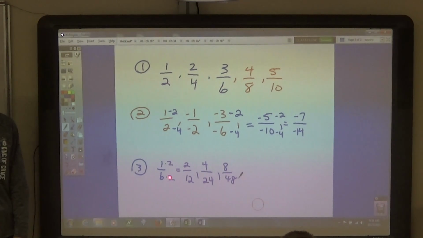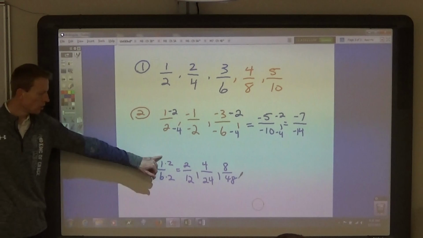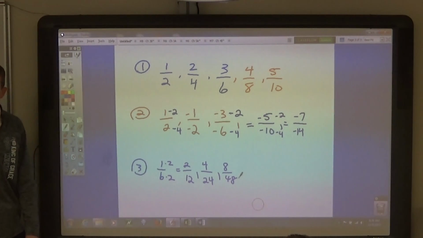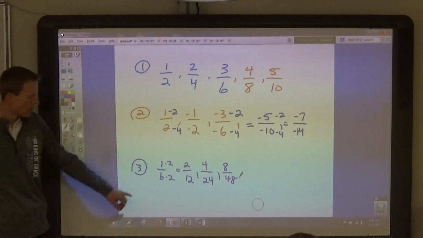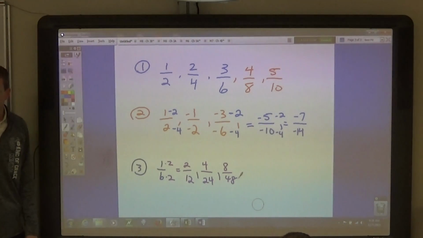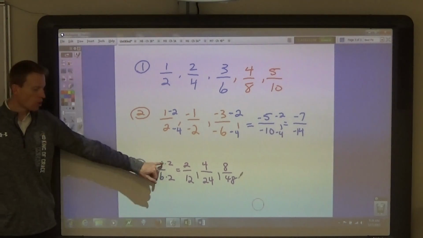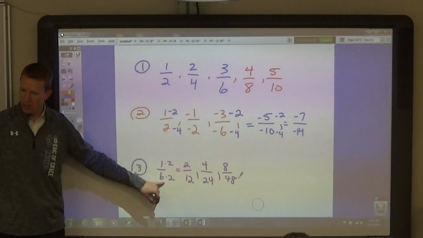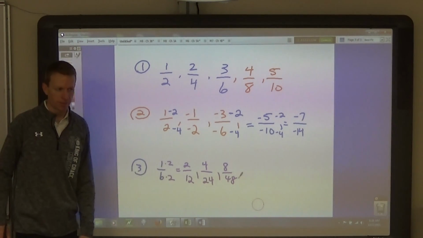That would be fine. So we're multiplying by 2. Just show it once, what you're doing to get the equivalent fraction, okay?